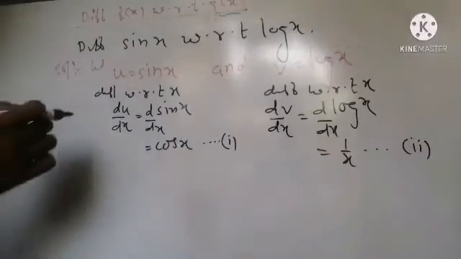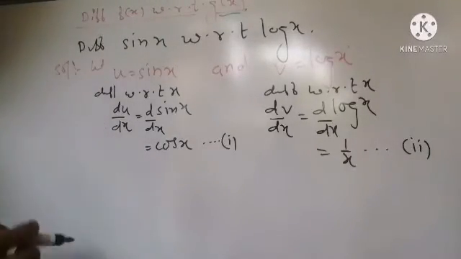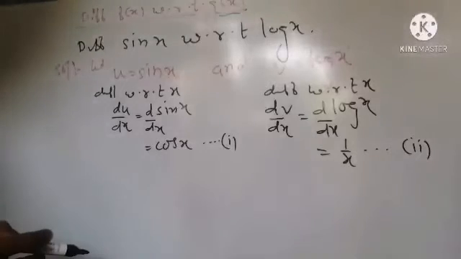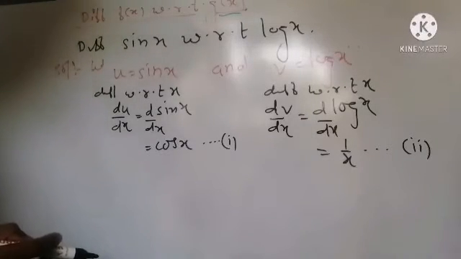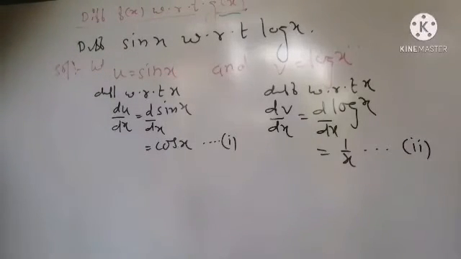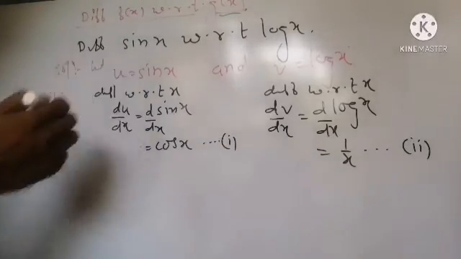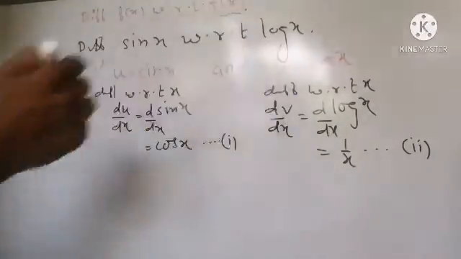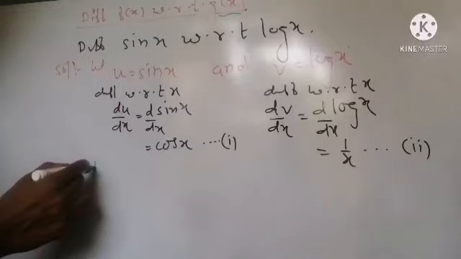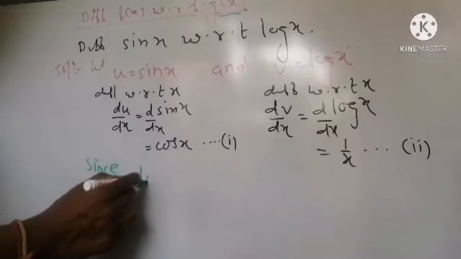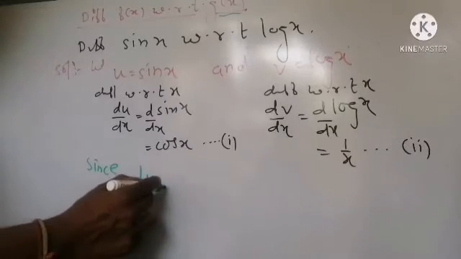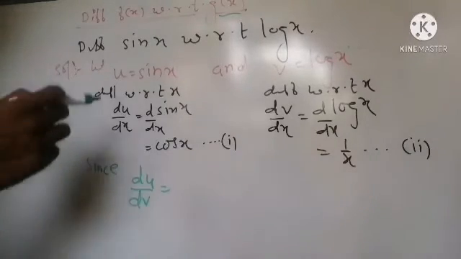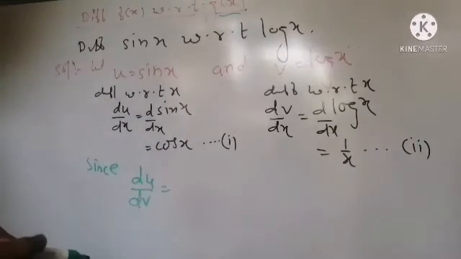In number 1 I find the derivative of u with respect to x, in number 2 the derivative of v with respect to x. But we have to find here, as u is sin x and v is log x, the derivative of u with respect to v. Since u and v both are functions of x, we differentiate u and v with respect to x.